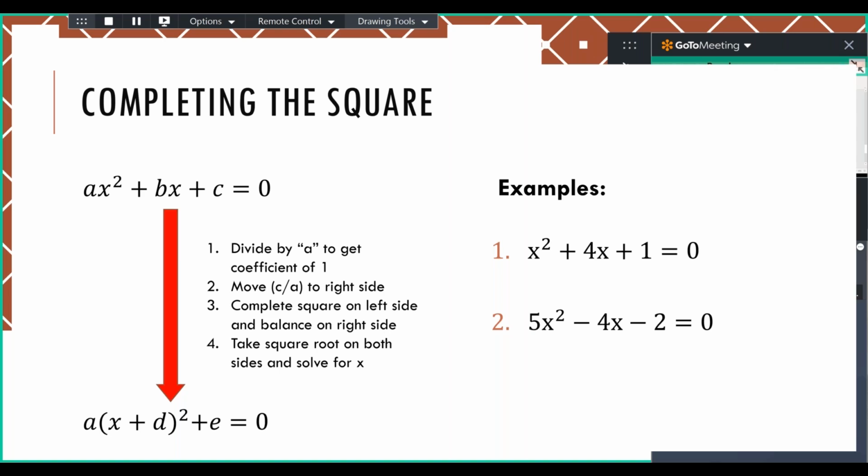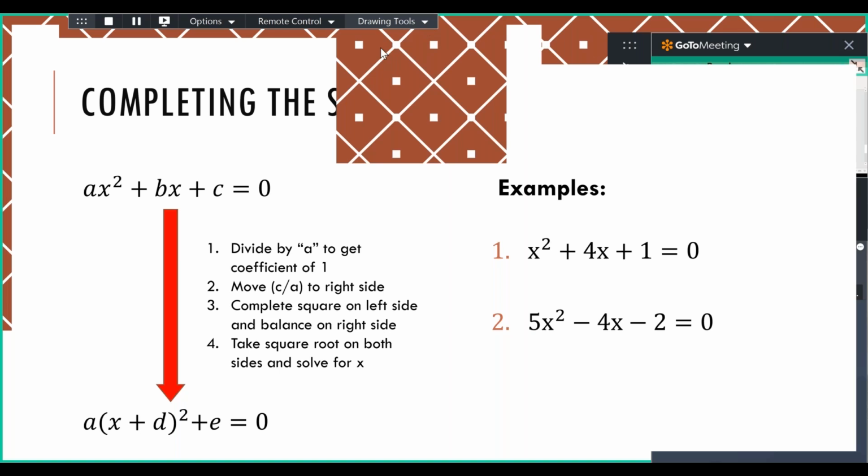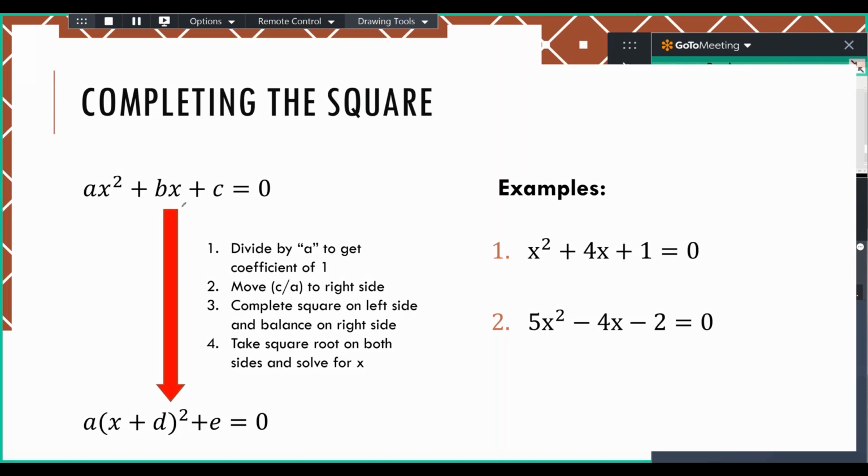So basically, it's where you start out with the standard form, which is ax squared plus bx plus c, equal to 0, and you try to get it to a form where it's a times the quantity x plus d, squared, plus e equals 0.